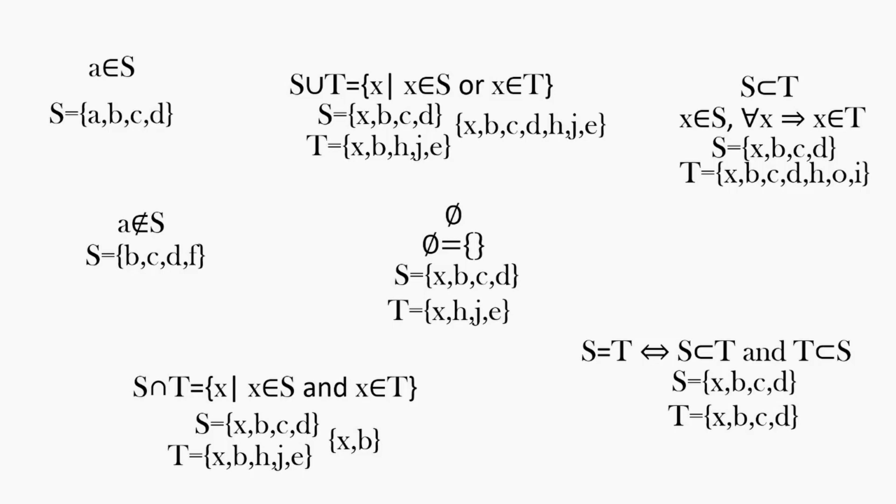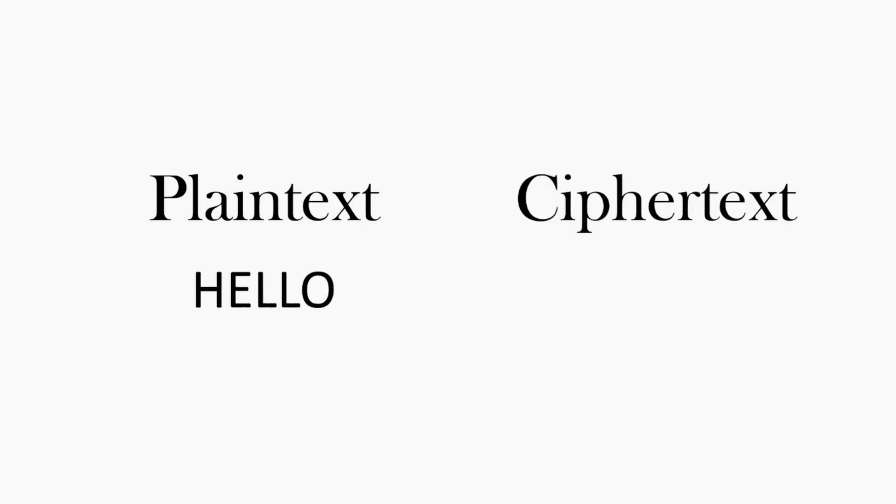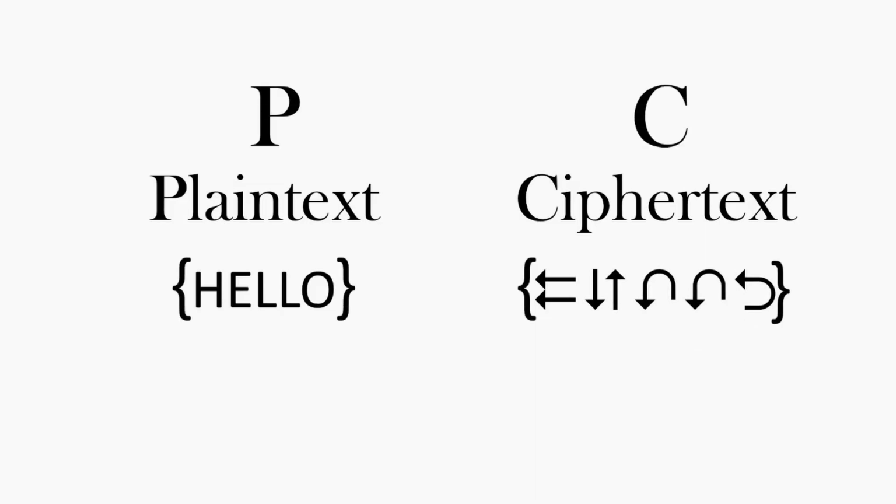So, why do you need all of this? In cryptography, you are dealing with a set of elements of open and closed text. It's not necessary that it will be text, but in cryptography, it's accepted to designate any open elements as plain text and any closed as ciphertext. And when you convert plain text to ciphertext and vice versa, you're working with a different set of elements.